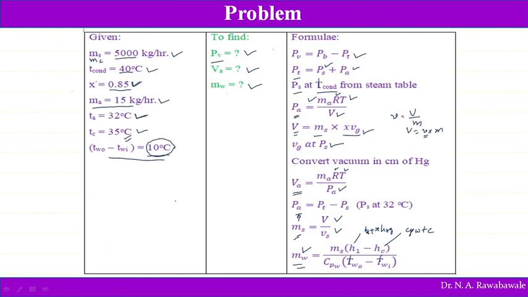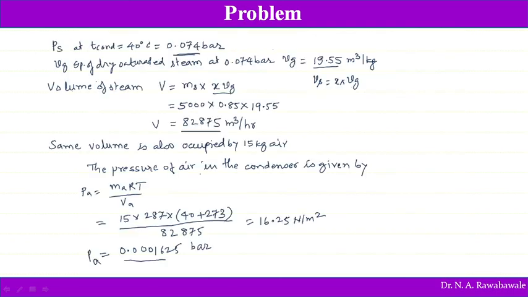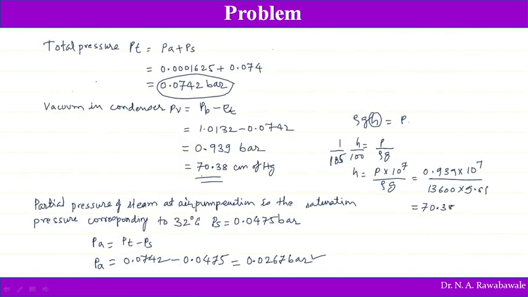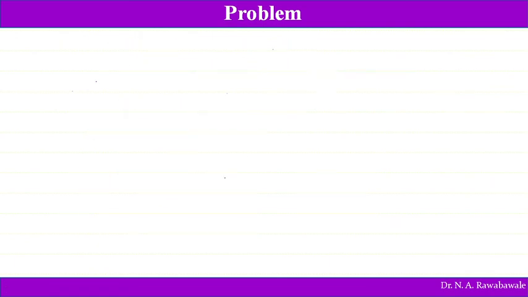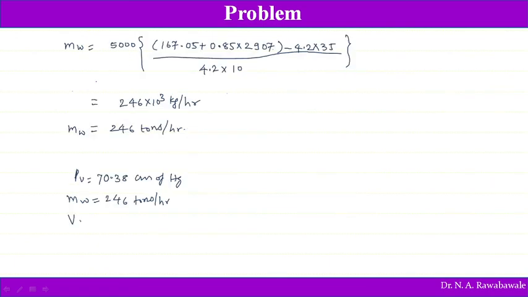And another thing asked here is the volume of air taken out. This is also obtained: Va is 488.5 meter cube per hour. This is how we have simplified this problem.